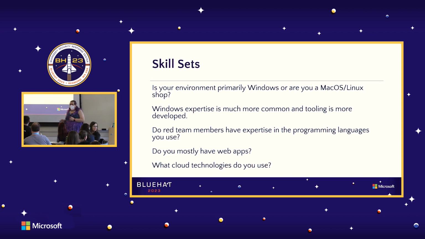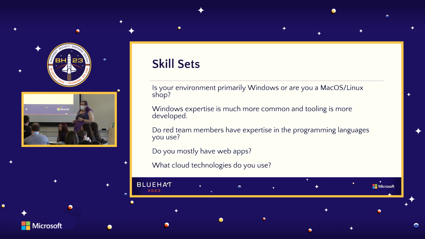Do you have a lot of web apps? Are you a web app focused company? You need someone with experience working in web apps in that case. A lot of red teamers have been trained more on the network side doing pivoting and everything, but if your main way in is through web apps, you need someone with web app expertise to get that ball rolling.